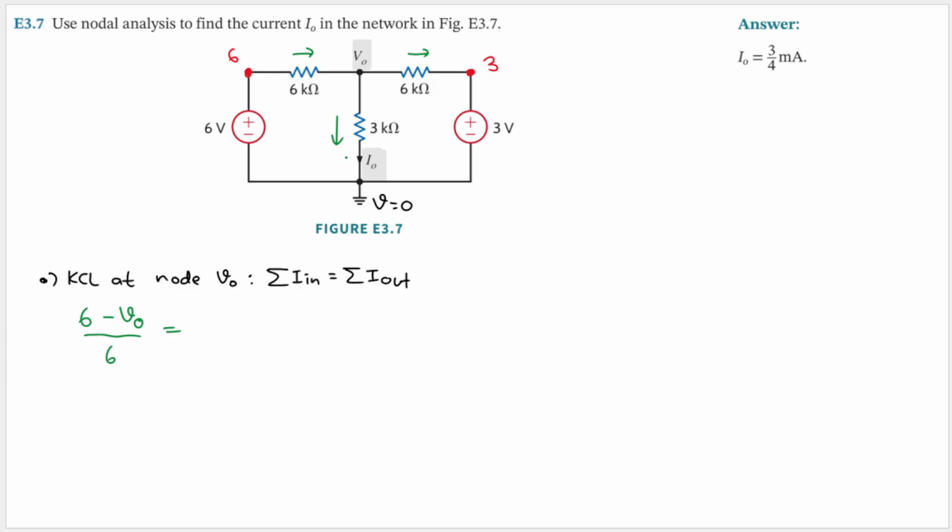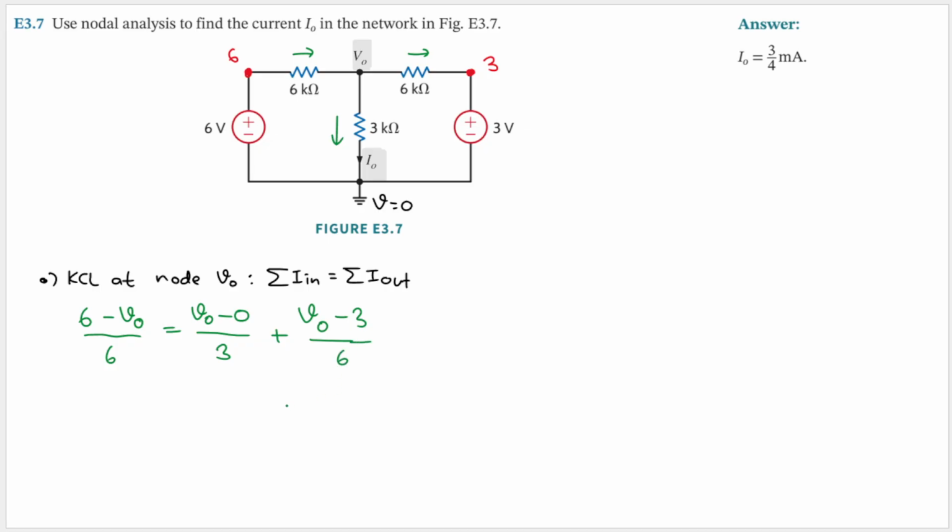The first current that goes out is V0 minus the ground, so 0, divided by the resistance between them, which is 3. And then this current also going out, so plus V0 minus 3, because the voltage there is 3, divided by the resistance between them, which is 6.